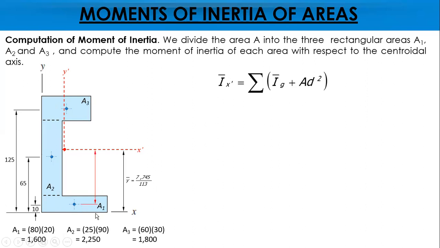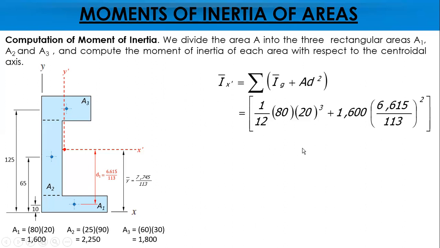That would be y bar minus 10. That's 6,615 over 113. So our first term, for the first element, is 1 over 12 b h cubed plus area times D squared.